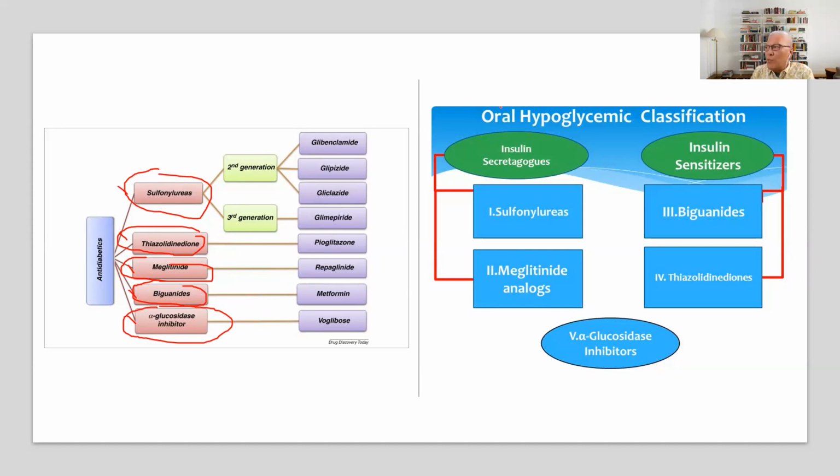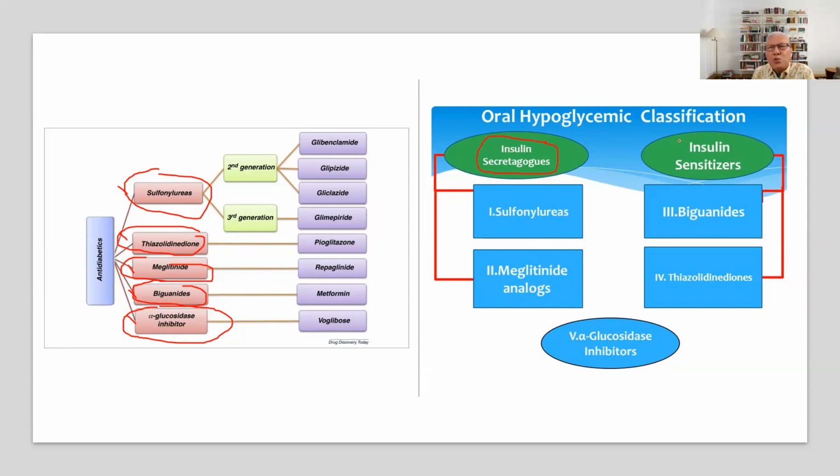Now, basically, when we're talking about oral hyperglycemic medications, they actually are of two types. One is either to increase the insulin release or secretion, and they would be called insulin secretagogues. So this would include your sulfonylureas as well as your meglitinide analogs. And the other one is insulin sensitizers.